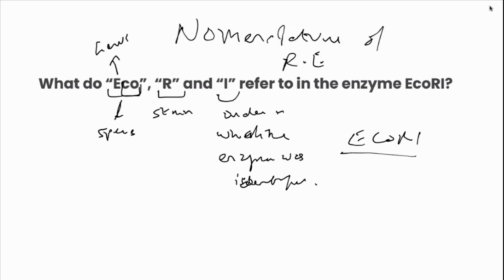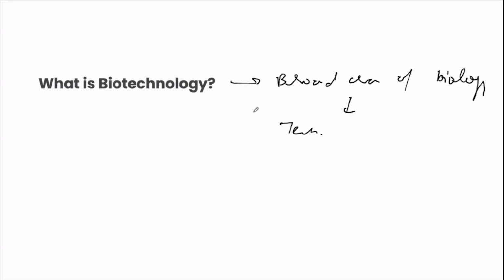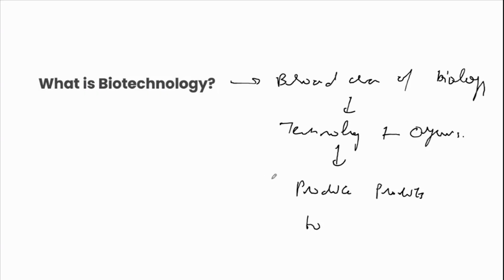Moving on to the next question, biotechnology, which we have already defined. Biotechnology is basically a broad area of biology which uses both technology and organisms to develop and produce products for human welfare. This is a normal thing that you should remember or understand, because they don't ask this kind of question much.